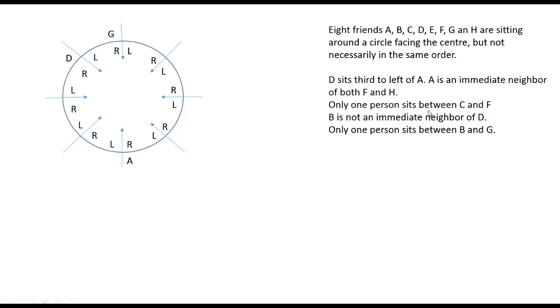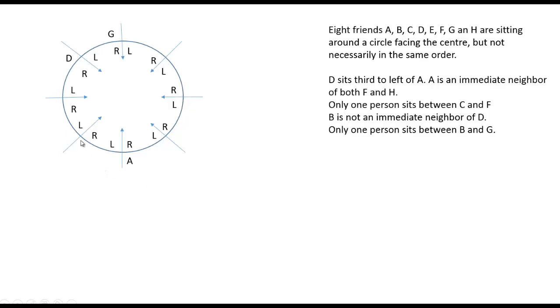So only one person sits between C and F. Between C and F only one person sits. Suppose C sits here, then this will be F. So this is not possible because F is a neighbor of A. So if you take this as F and this as C, then here one person can sit.